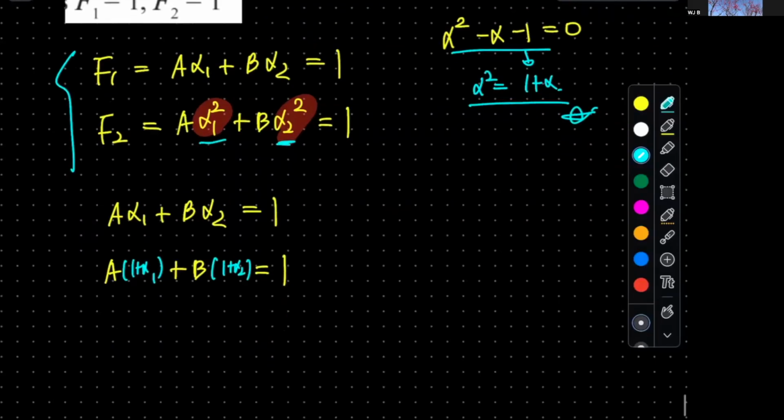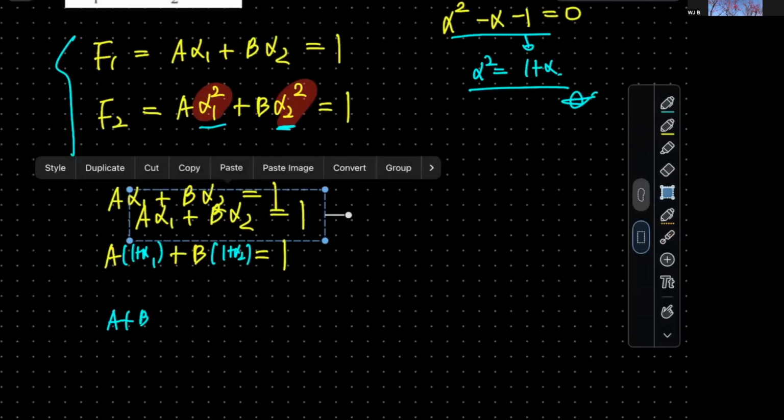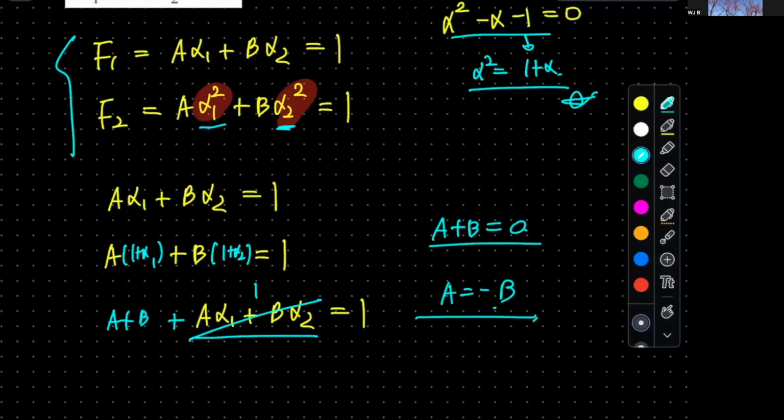And then if I expand, I get A plus B, I believe, and the same thing, if you expand, I get A alpha 1, B alpha 2, that is great, is equal to 1. But we already know, what do we know, guys? That this is going to be simply just a 1. That is beautiful. So I actually got A plus B is equal to 0. That is great. So A is equal to negative B. Okay, A is equal to negative B.